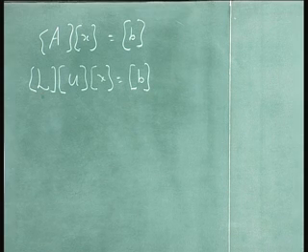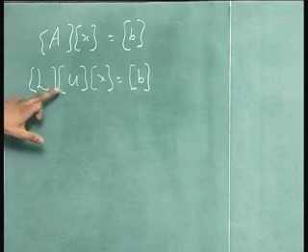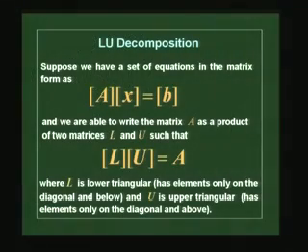So we write the matrix A as a product of a lower diagonal matrix and an upper diagonal matrix, and that's called LU decomposition.